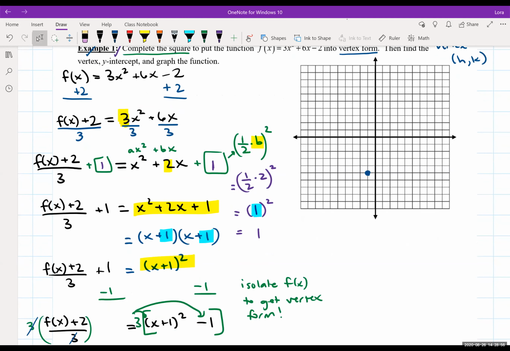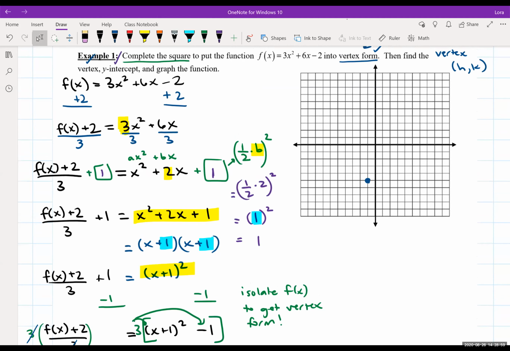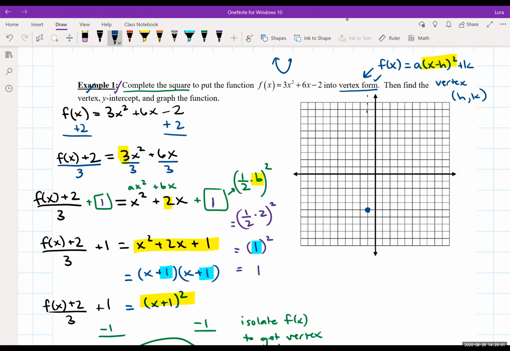The other thing that might be nice is that when you do plot the vertex, you kind of know what the axis of symmetry is, even though maybe we didn't really address it and it's not asking for it. It just helps us understand that whatever you would plot on one side of the axis of symmetry, you can automatically find a point on the other side.